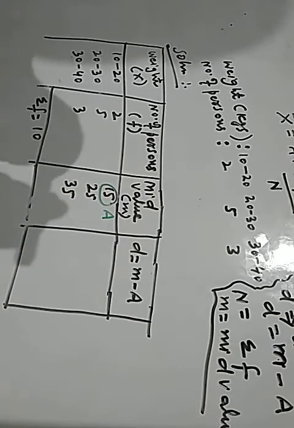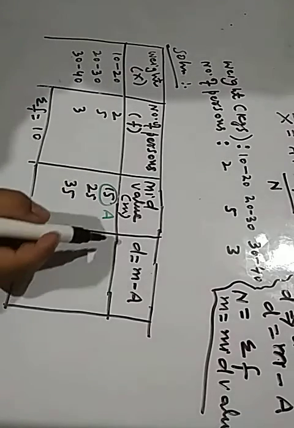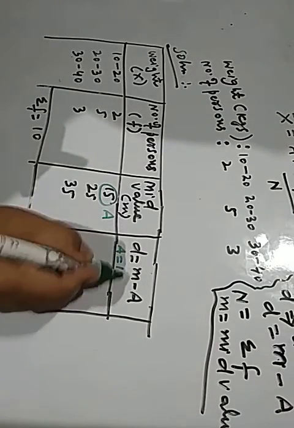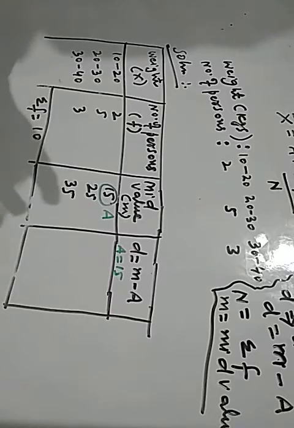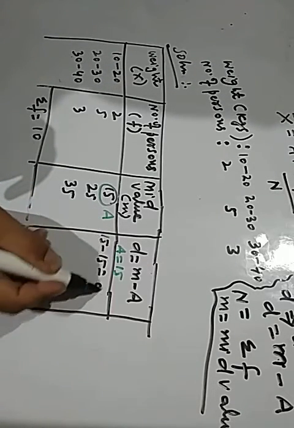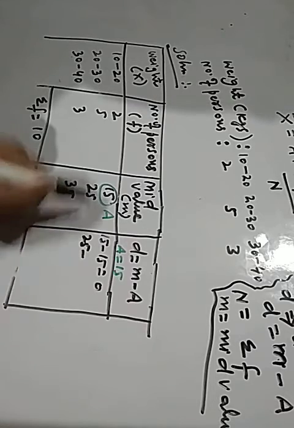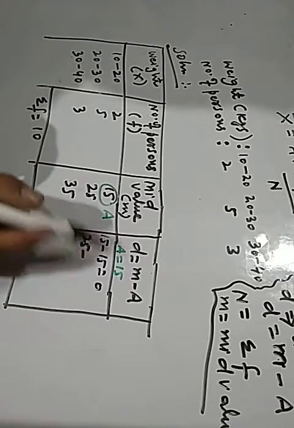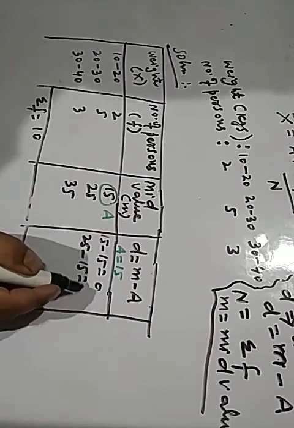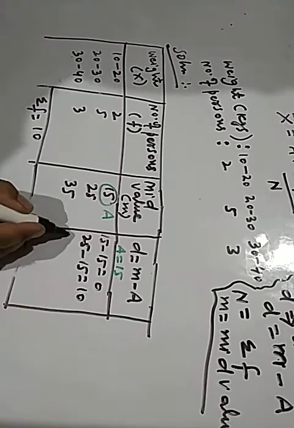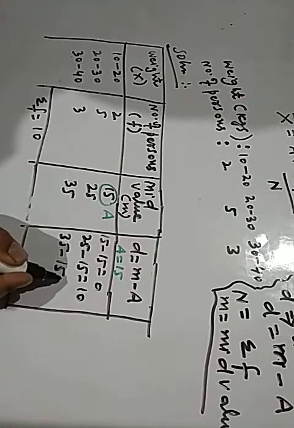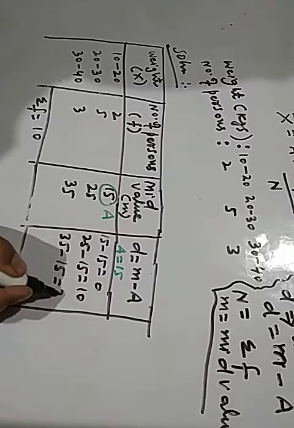That is assumed mean a, and I will write here where a is equal to 15, and it will be equal to m minus a, that is 15 minus 15, it will be equal to 0, 25, that is mid value, m minus a is 15, it will be equal to 10, 35 minus assumed mean, that is 15, it will be equal to 20.